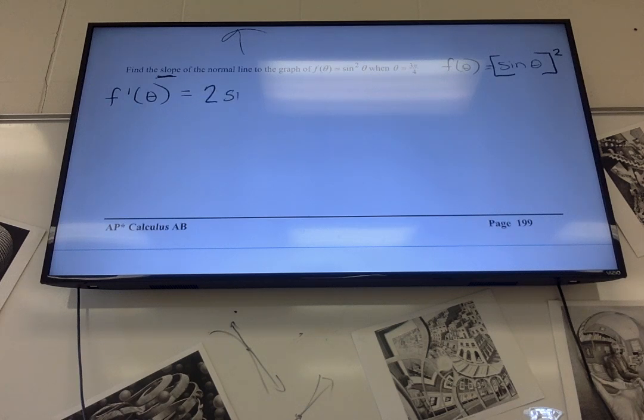I leave the sine of theta, and then it's just raised to the first power because I got to lower it by 1. Then I times it by the derivative of what's inside. The derivative of sine is cosine. So there's the derivative of f of theta.